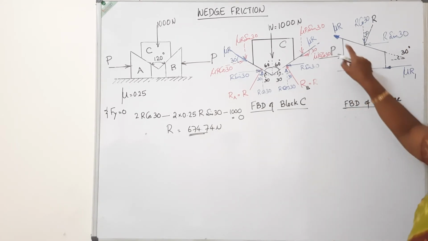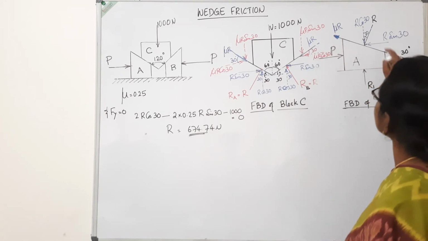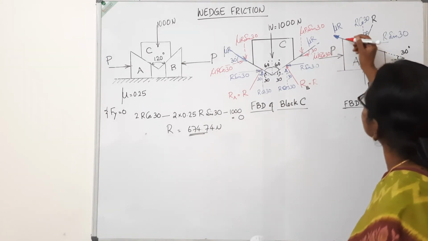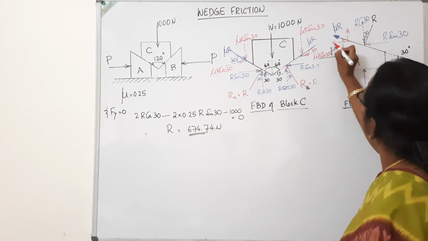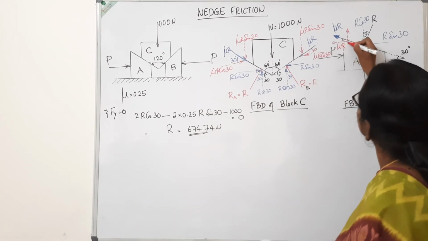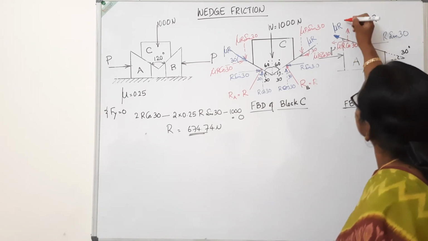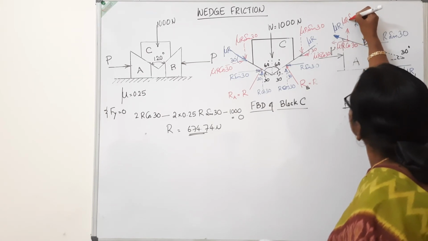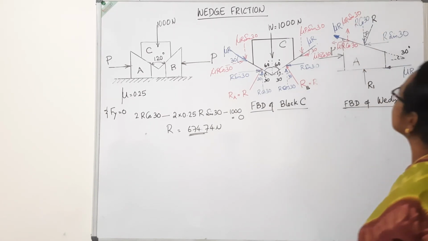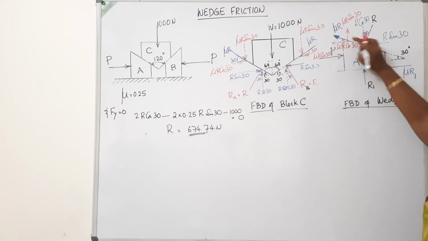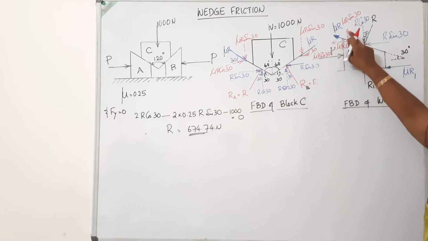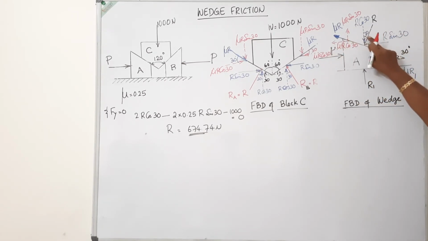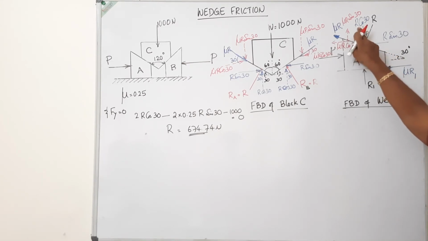Similarly, mu R, this plane is inclined at 30 degrees, so the horizontal component is mu R cos 30 and the vertical component is mu R sin 30. The normal reaction R makes an angle of 30 degrees with vertical, so the vertical component is R cos 30, the other one is R sin 30.